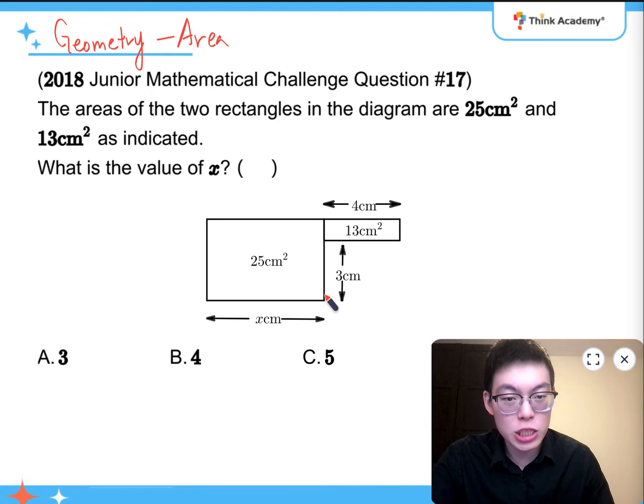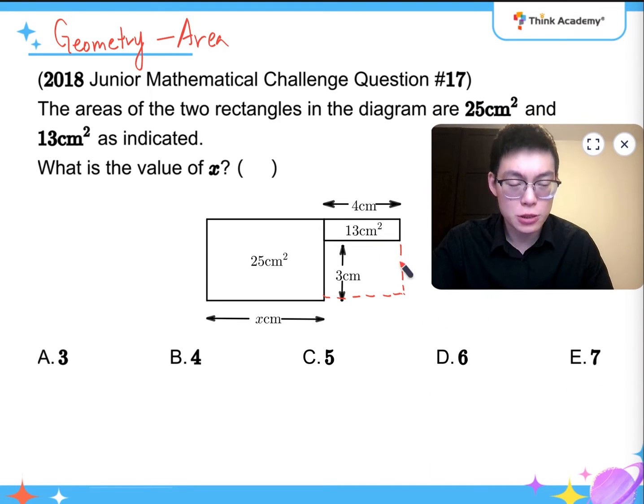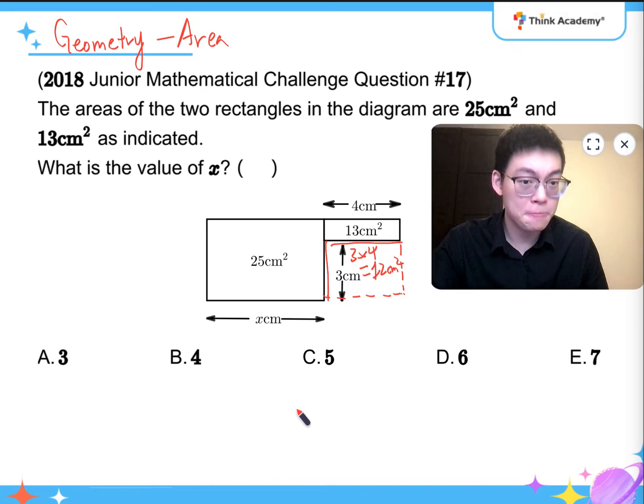The other way we can do it is that we can try to complete this rectangle there. And this part we complete is going to have an area of 3 times 4, that is 12 centimeters squared. Because the length is 4 and the width is 3, right?